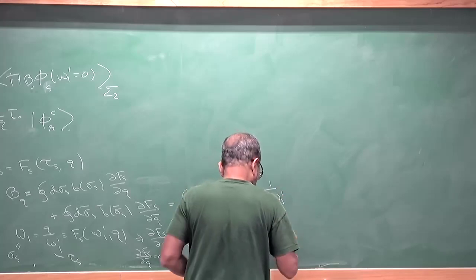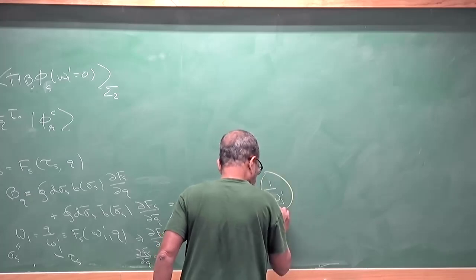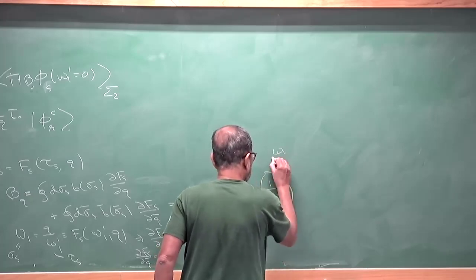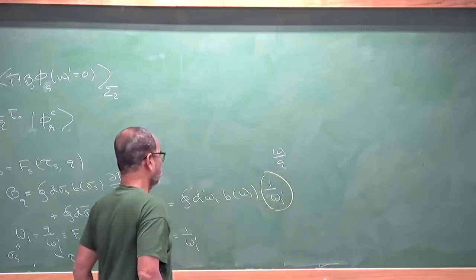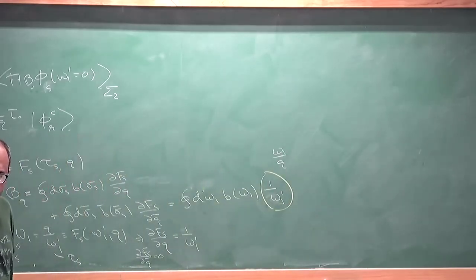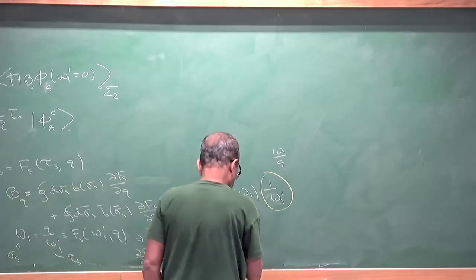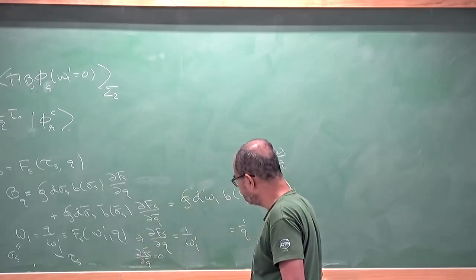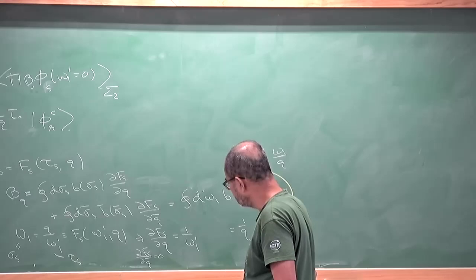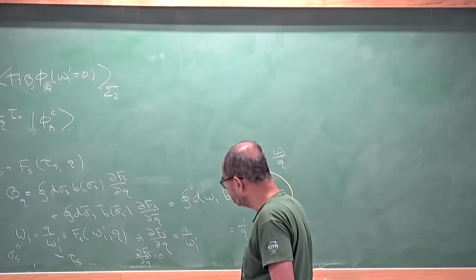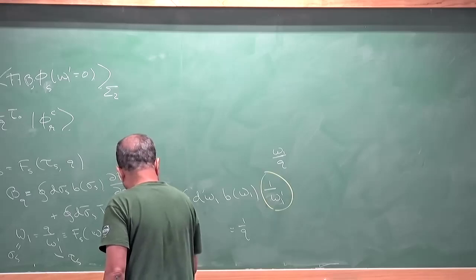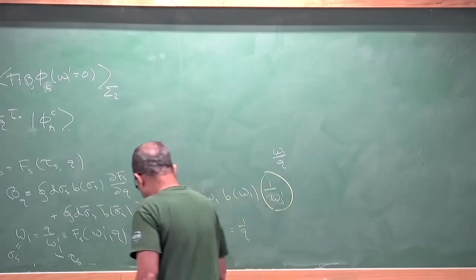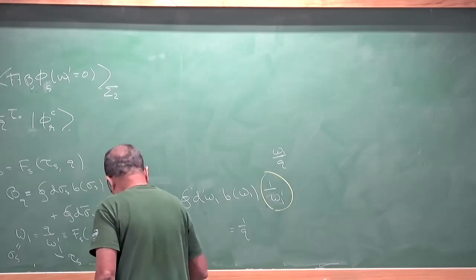But 1 over w1 prime I can replace by w1 by q. On that circle w1 prime is equal to q. So this becomes 1 over q. Sorry, yes, thank you. Del fs bar del q, thank you. So the relation that you are using is del fs bar del q is 0.